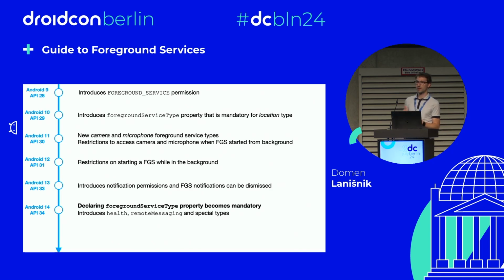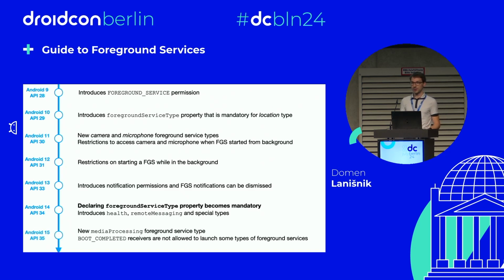Along with it, there are a few things that you also need to do that we'll cover later, and it introduced some new types. And then Android 15, which is going to release soon, brings a new foreground service type and additional restrictions on launching the foreground service from a background.